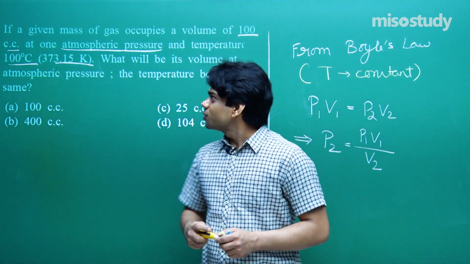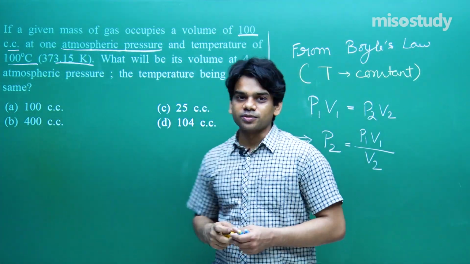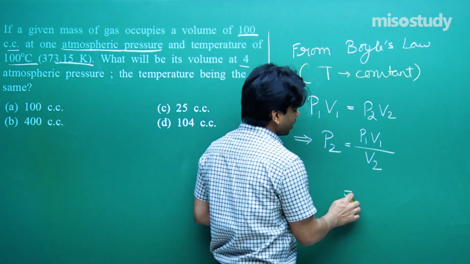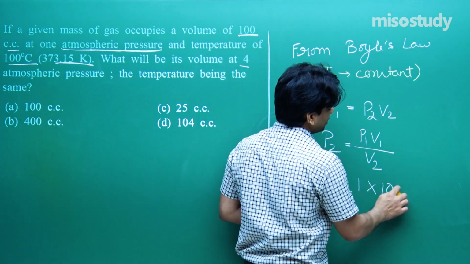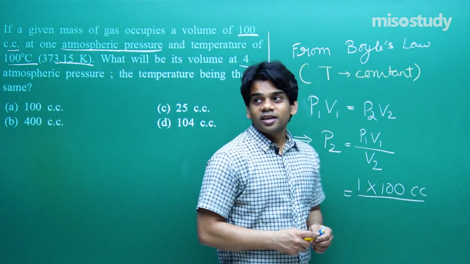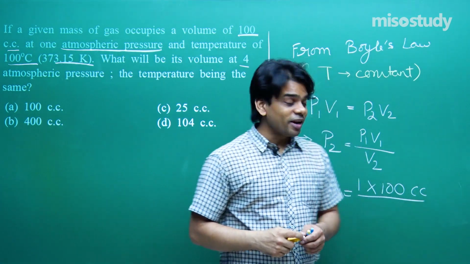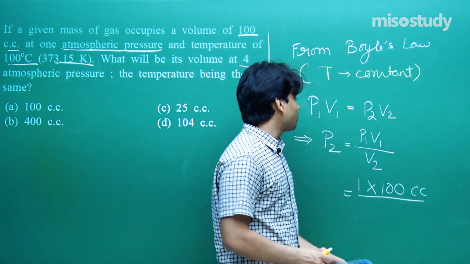So initial pressure, you see, if a given mass of gas occupies a volume of 100 cc at 1 atmospheric pressure, keep here 1 atmospheric pressure and 100 cc, and finally it says, what will be its volume at 4 atmospheric pressure. We need to find the volume, and here I have identified the pressure.